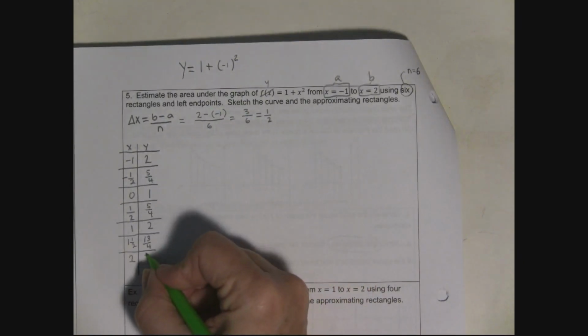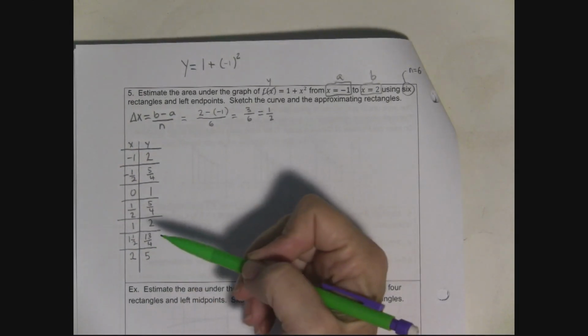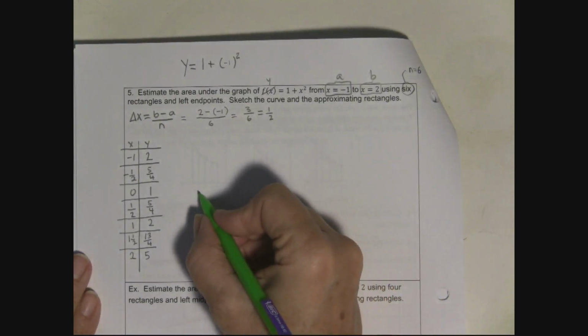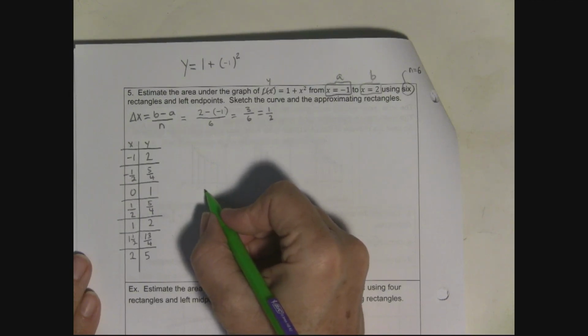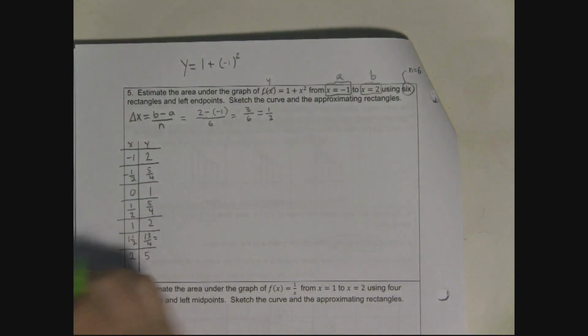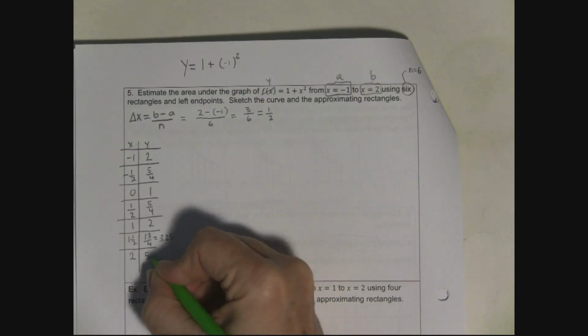Okay, so it's asking me to sketch the curve and the approximating rectangles. I'm going to use this both to sketch the curve and the rectangles. So we're going to start here, just kind of looking at the size. 13/4 is 3.25, and the highest one I have goes up to 5.